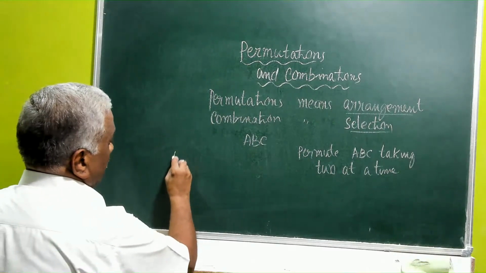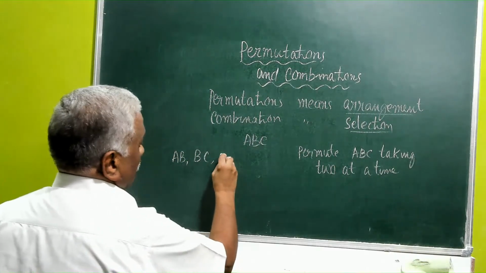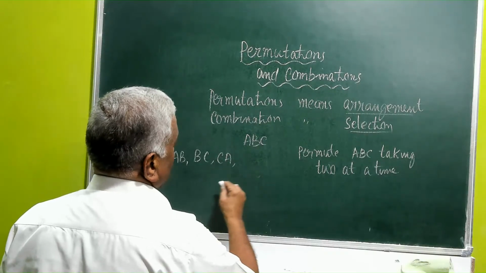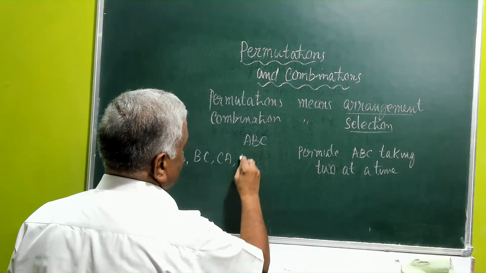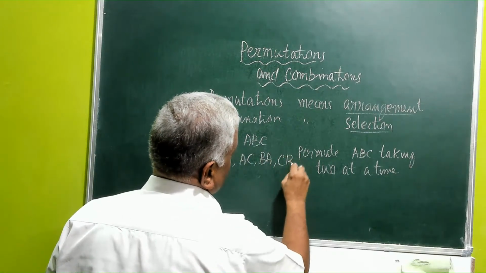Then we will have AB, BC, CA, AC, BA, CB.